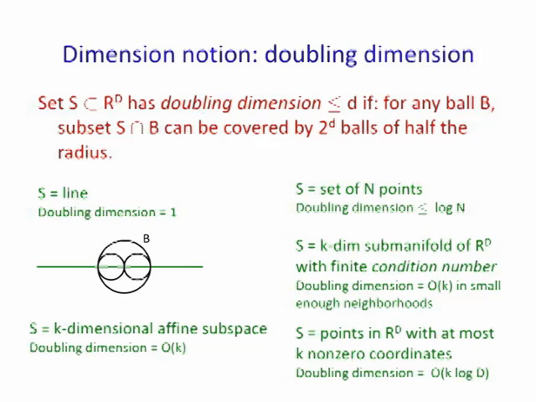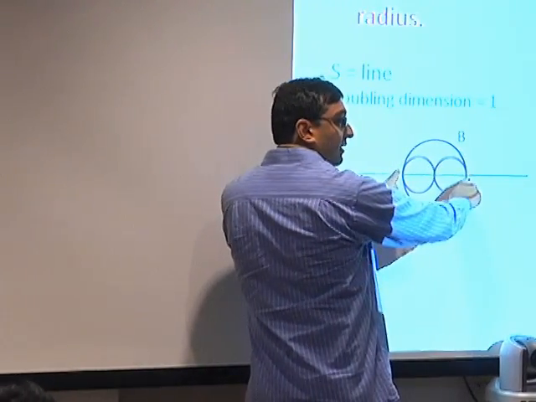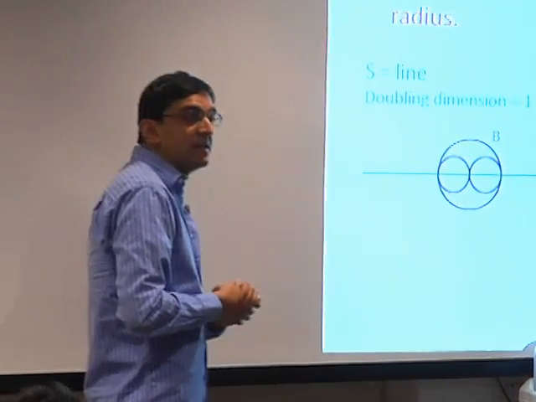Okay? So, for instance, let's say you have a line in some high-dimensional space. Okay? Pick any ball. You can cover it by 2 balls of half the radius. Okay, so look at the line, look at any ball. That's the part that lies in the ball. You can cover it by 2 balls of half the radius. So we say the doubling dimension in that case is 1.